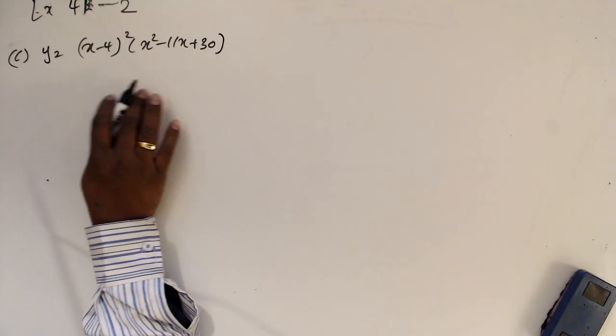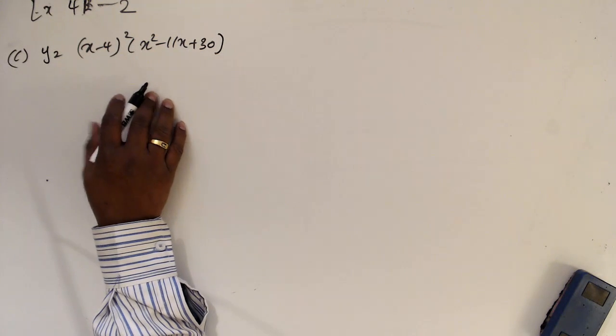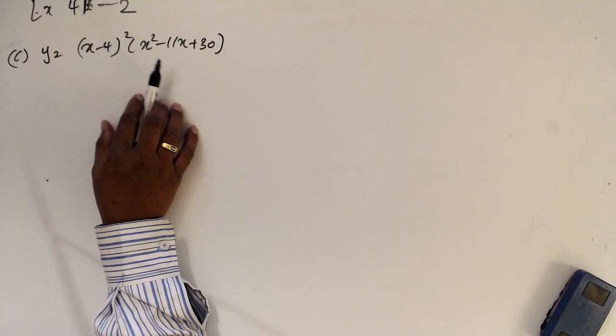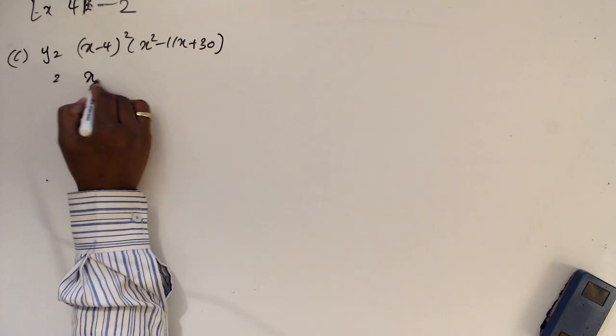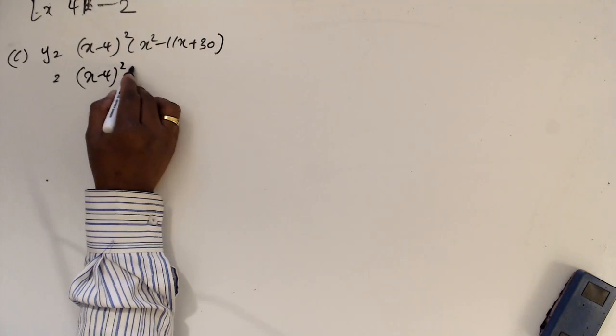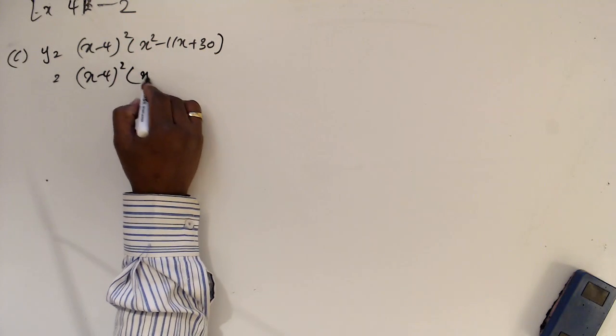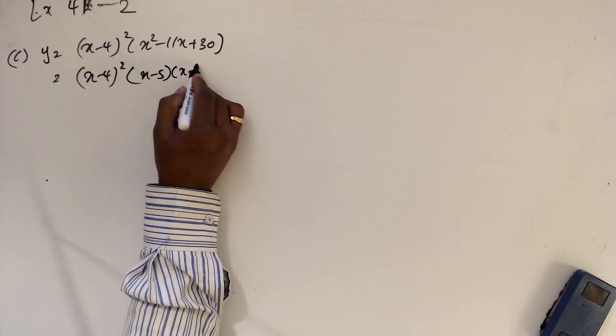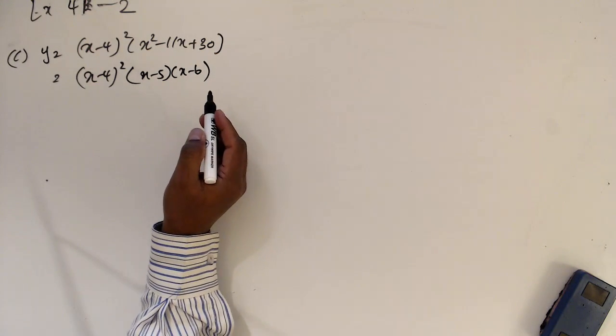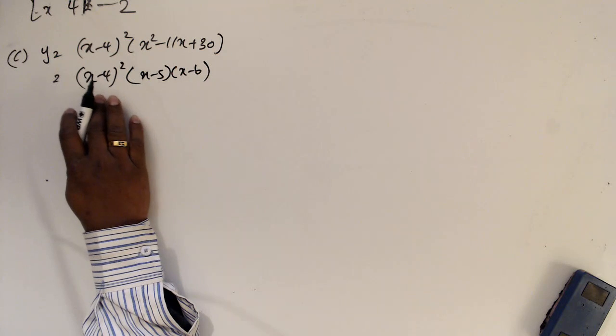Part C, (x - 4) squared, and let's see whether we can bracket this one out. Factorize this one: (x - 4) squared, (x - 5), (x - 6). Now we can see this is a repeated root.